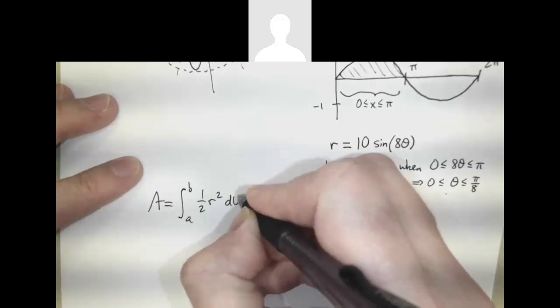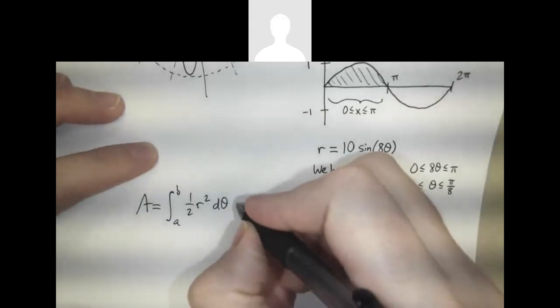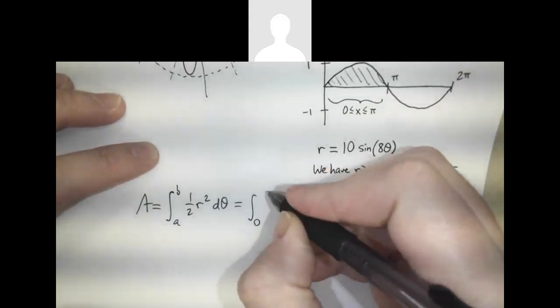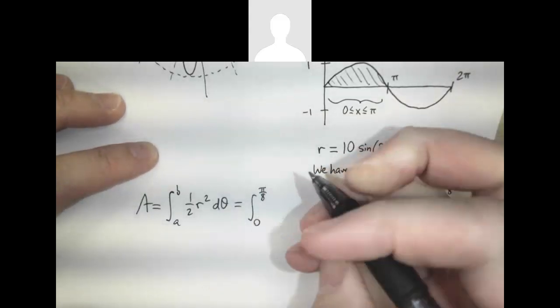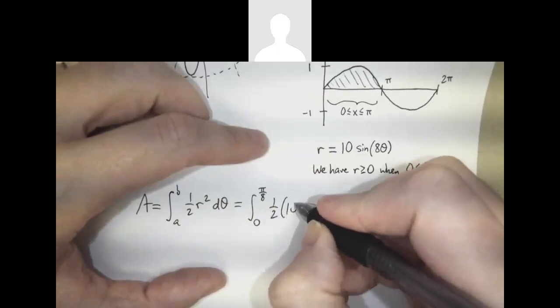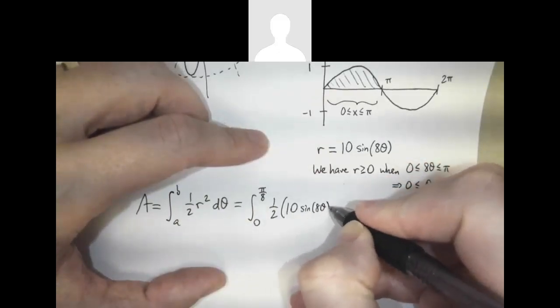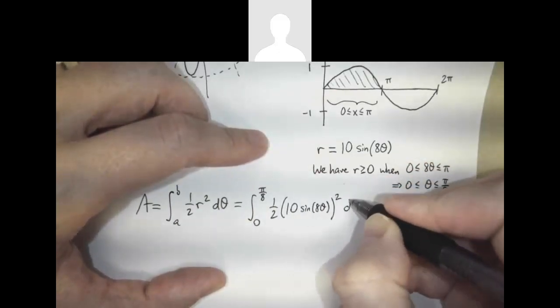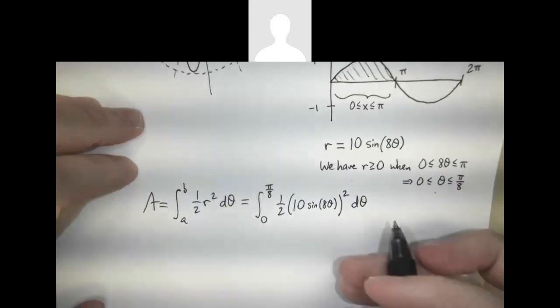Okay, so that means for our area, this was our formula, the integral from a to b of 1/2 r squared d theta. So in this case, we're going to be integrating from 0 to pi over 8, 1/2 r, now r is 10 sine 8 theta, squared d theta.